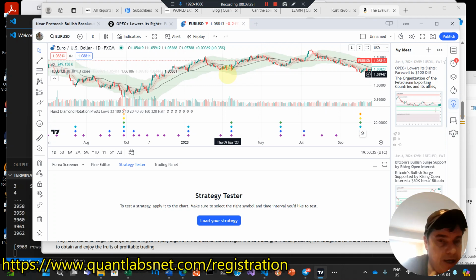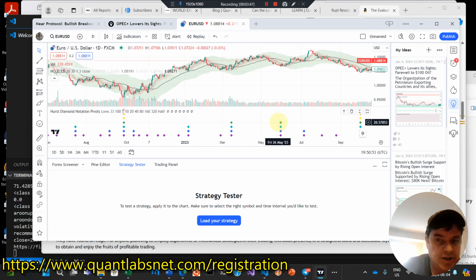It's kind of a combination with a Bollinger, but what you really want to pay attention to are these. This is a separate indicator: Hurst diamond notification pivot lows. So you can see here, again, we're using Euro USD. You'll see these number of diamonds. The more diamonds that are stacked up, the more chances that this is going to flip and reverse.